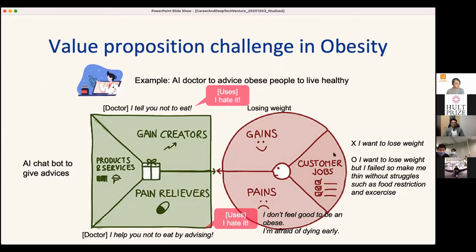I'll explain why. So the customer's job, the obese people's job, they know they want to lose weight. But the actual business is not to lose weight, because most obese people would say this: I want to lose my weight, but I failed.